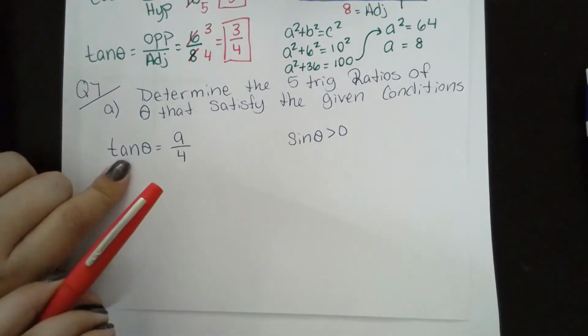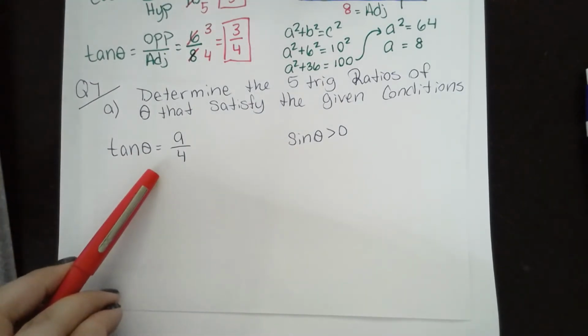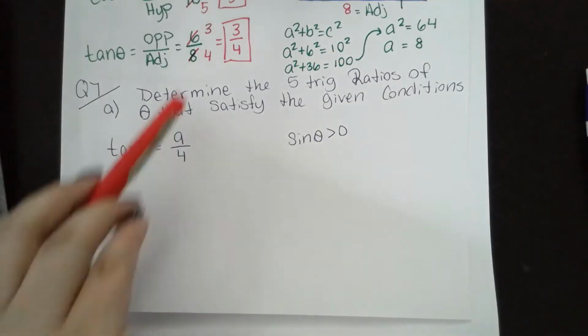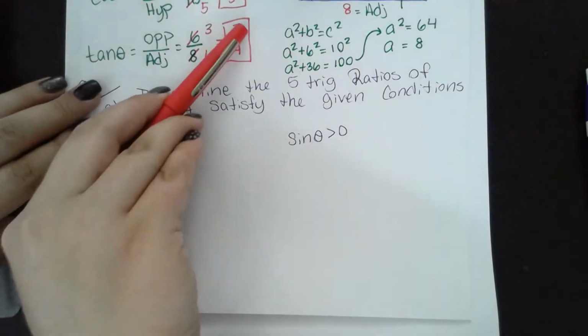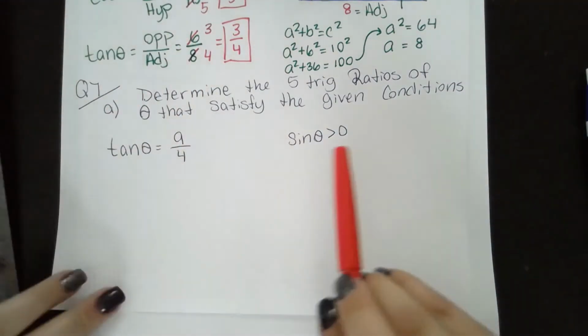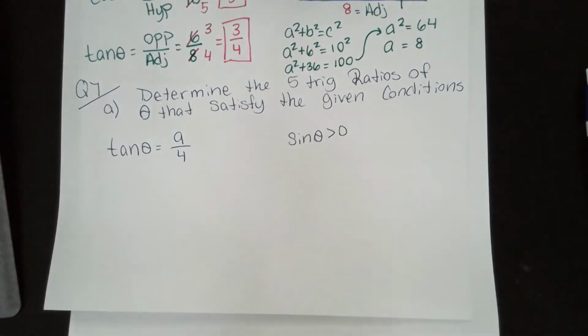That's really important, because if tangent is a different sign, if it's not positive, then it could be in a different quadrant. This one up here, it didn't matter because they gave you the triangle and you're going to assume all were positive. But because they are now giving us a condition, we have to check what quadrant we're in.